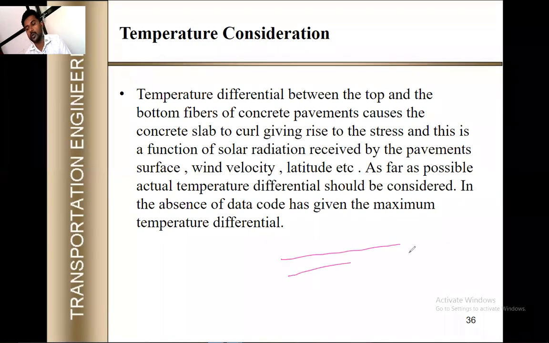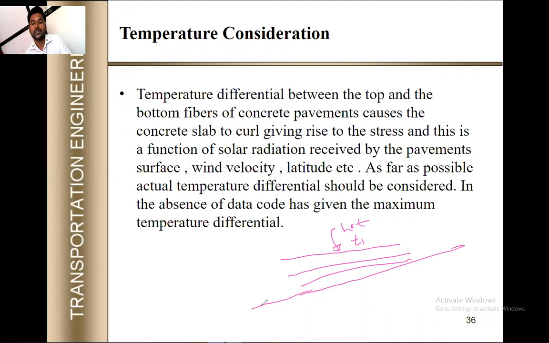Suppose there is a road pavement in a hot region. Whatever the temperature is on the top surface of the road, it is not the same temperature beneath that layer. Below that layer there will be another temperature T2, and on the top layer there will be a different temperature T1.